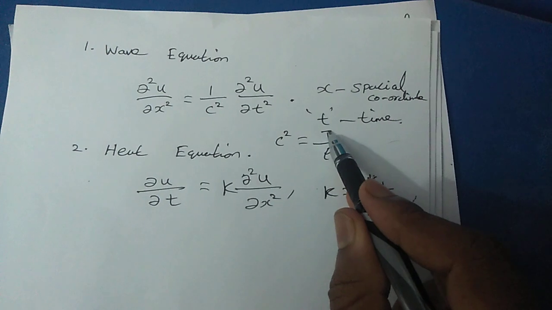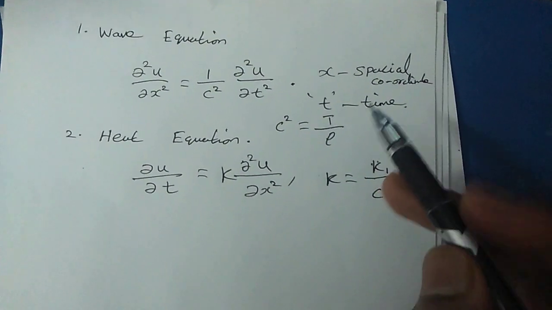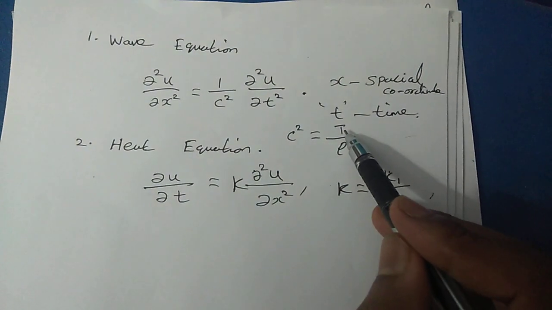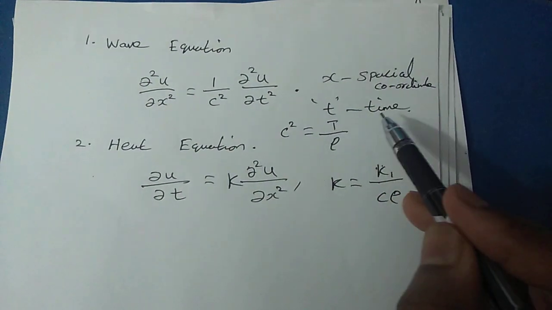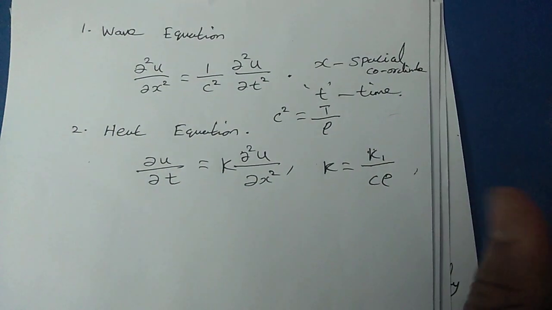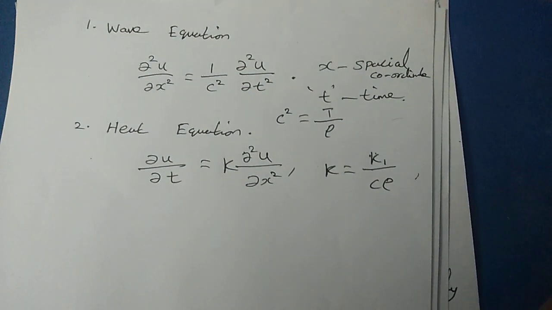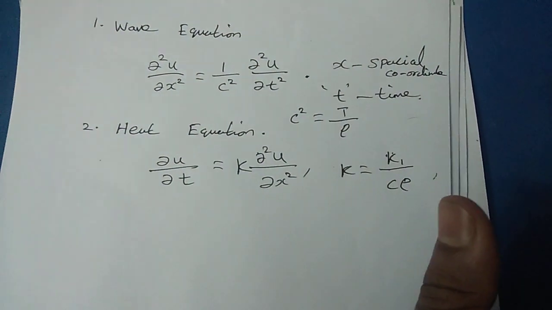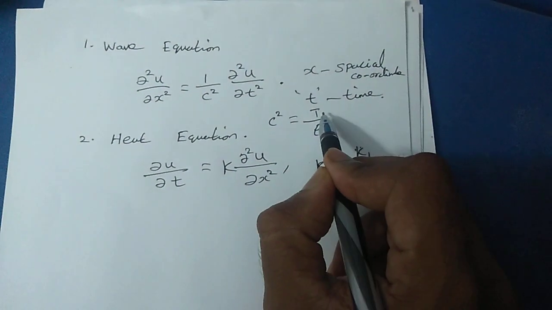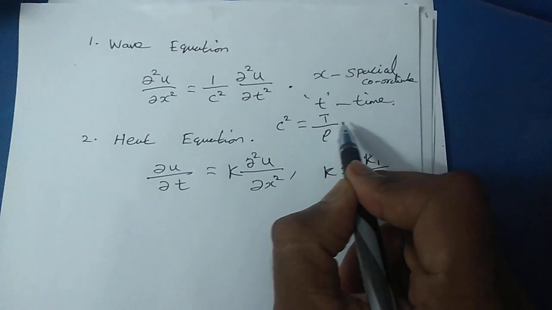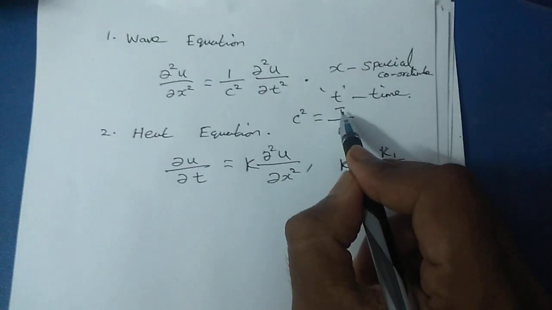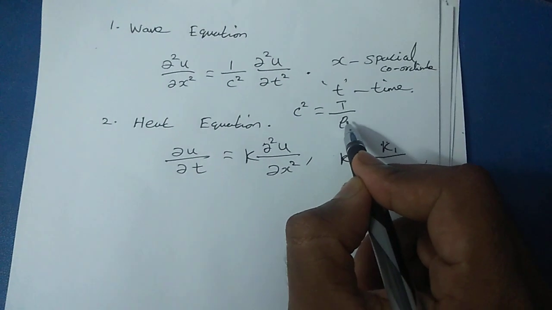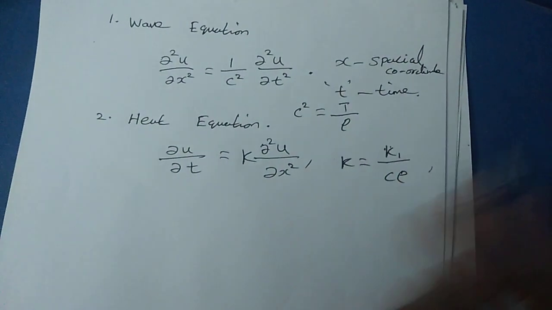Suppose we are considering a string of some particular length, fixing 2 points in the string. T is the tension caused at the points P and Q in the horizontal direction, and rho is the linear density of the string, right?